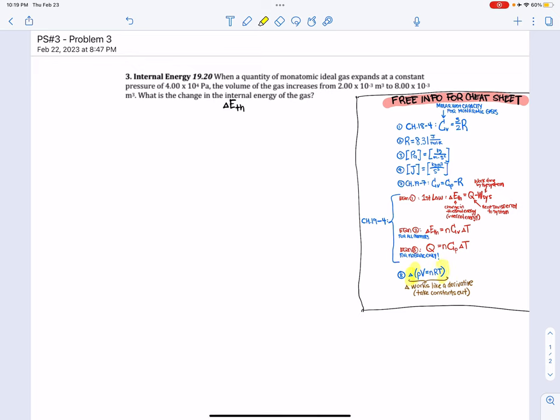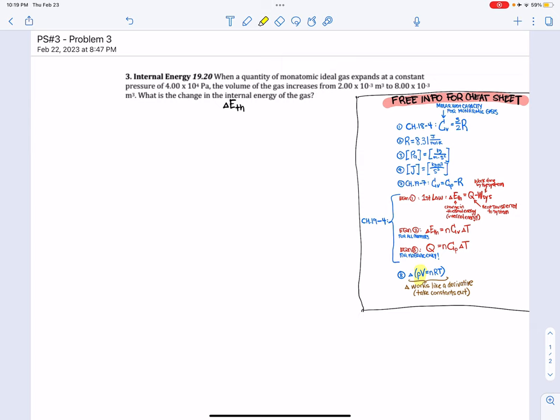I did not know that this delta actually works like a derivative, so you can remove the constants out. For example, on the left side, delta PV: remember, pressure is constant in this problem, so I can remove P to the outside of the delta. So it would be P times delta V, right? I thought that was interesting.